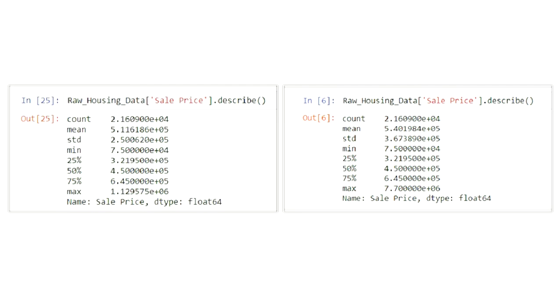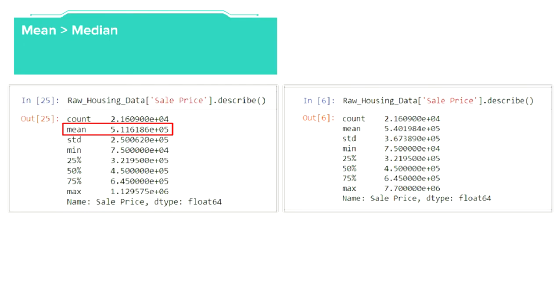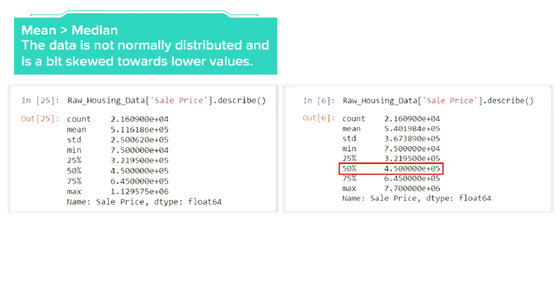Hence we can say that we have treated the outliers for this variable. You would also notice that the mean is now reduced, which is expected once you treat outliers. The mean value is still a bit higher than the median value, which means the data is not normally distributed and is a bit skewed towards lower values. Note that we are renaming this modified data as raw underscore housing underscore prices 1.csv.